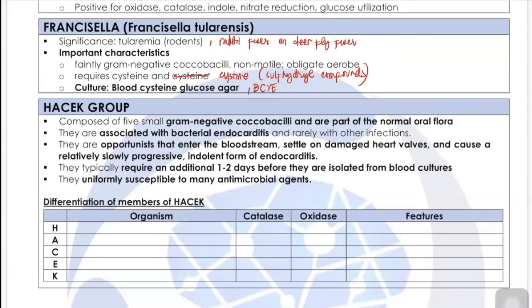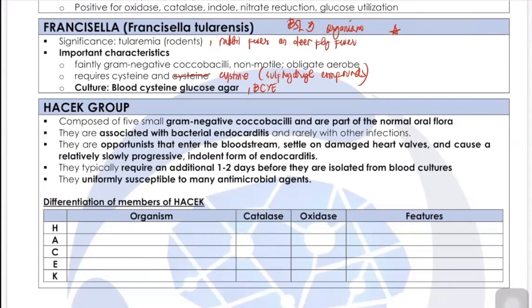Another thing to remember about Francisella is that it is a BSL-3 organism. So for handling this organism, you have to work under a biosafety level 3 hood. Also, take note of PCR, because that is the most widely used method for the detection of Francisella.